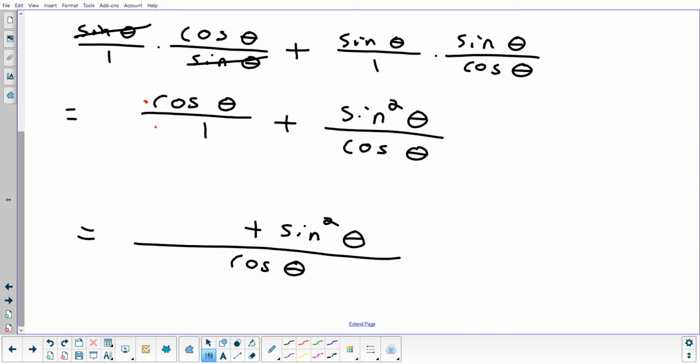Sarah? Cosine. You multiply this fraction by the other denominator. It's exactly the same thing I said with numbers. Cosine over cosine. Good. Now you've got a common denominator of cosine in the bottom. And you have cosine times cosine. We're going to put that right here. What's cosine times cosine?